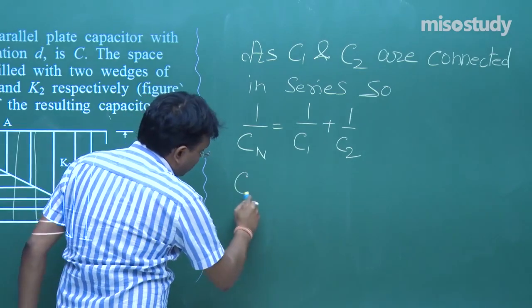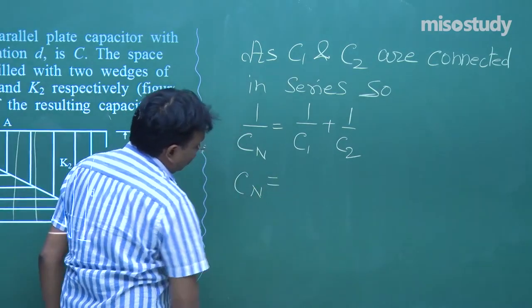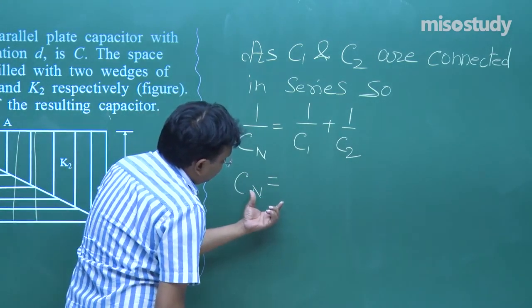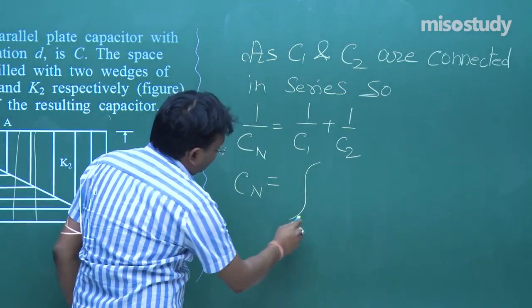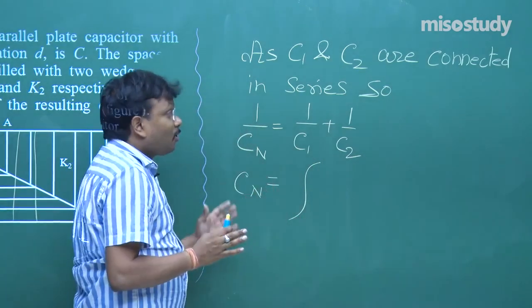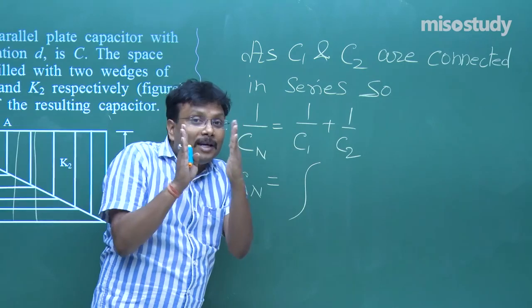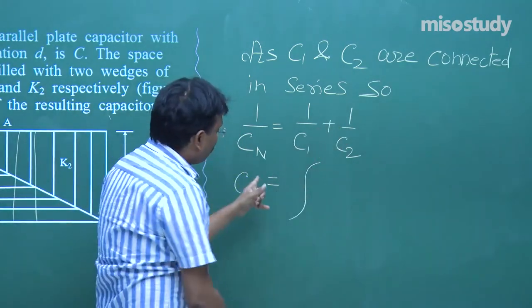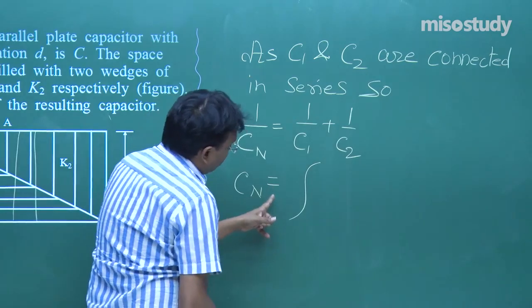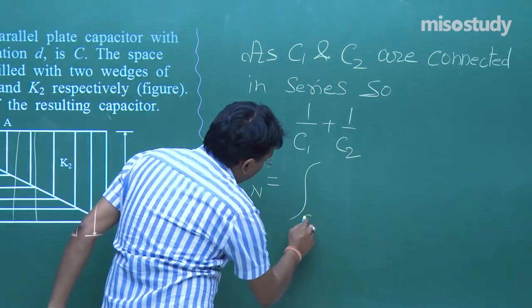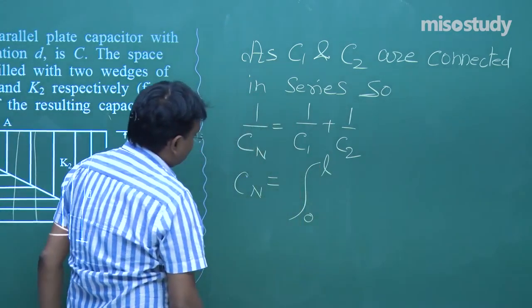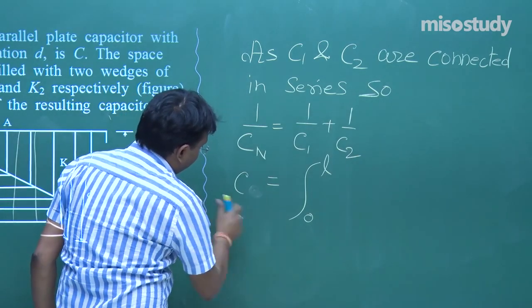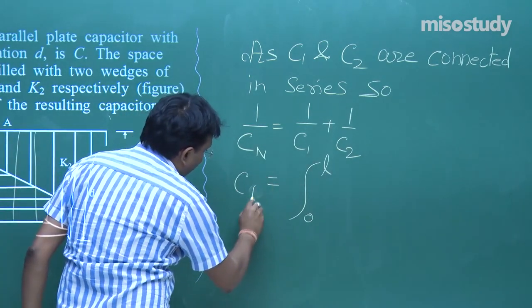So finally C net is an integral, which I am writing because this is what I get for that small strip dx. So we have to expand it. C net, integrated from 0 to L, let us call it C final.